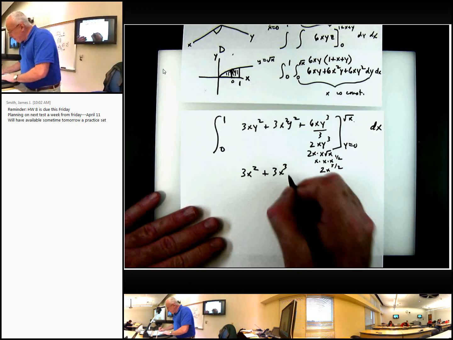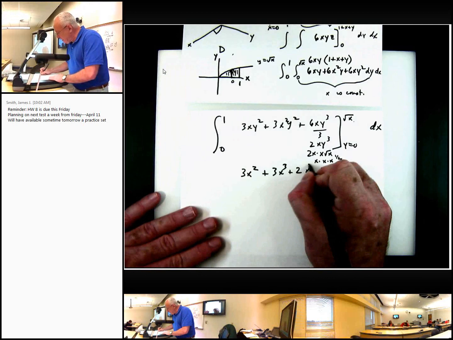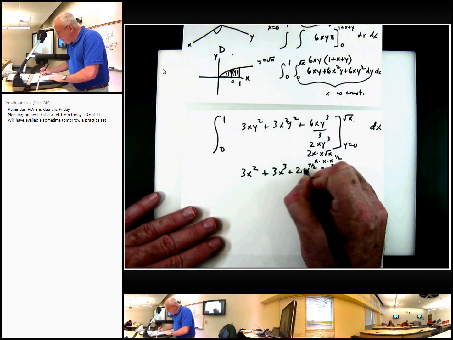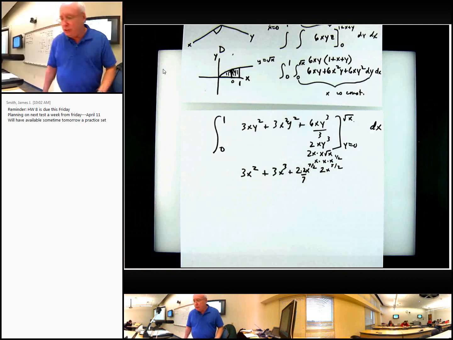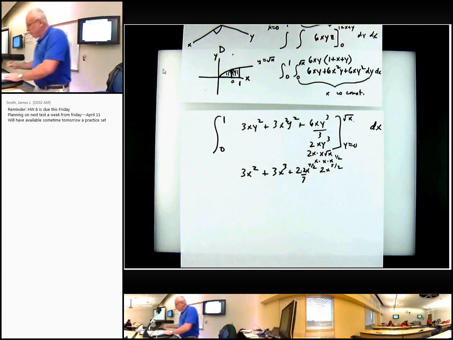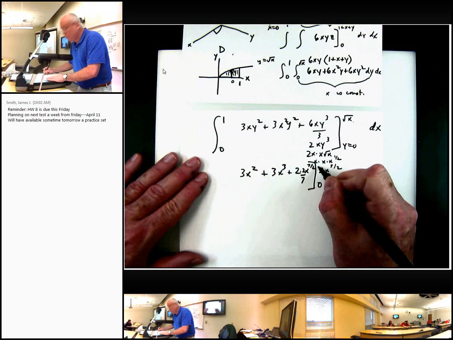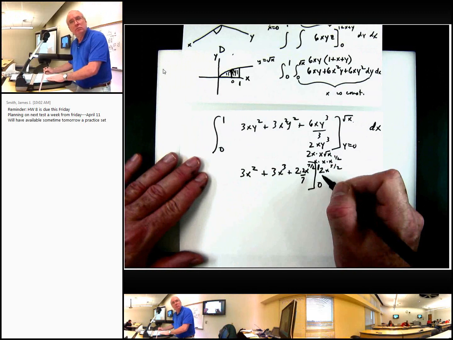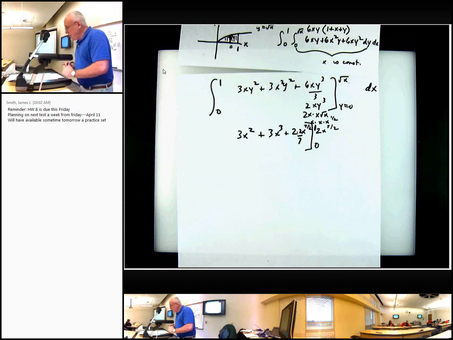So that's going to give me 2x to the 7/2 power divided by 7/2 or multiplied by 2/7. And then this we're going to integrate from 0 to 1. Everybody all right with that?